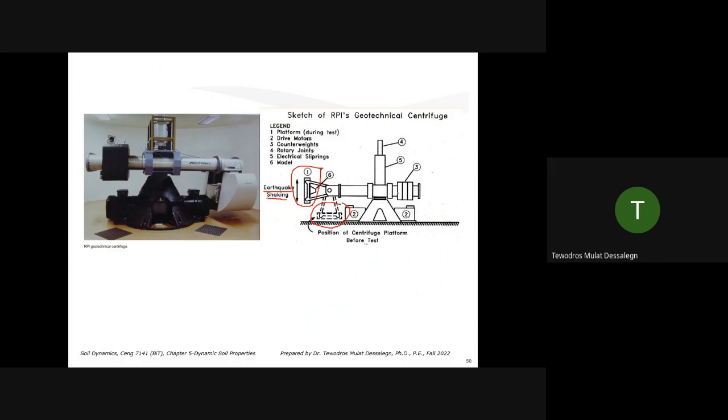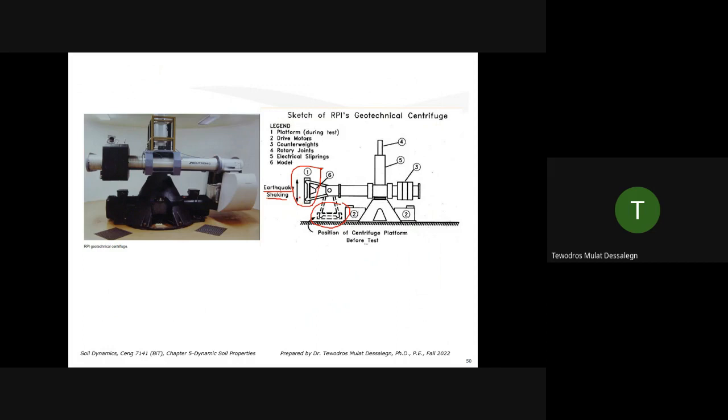The RPI centrifuge is able to apply earthquake shaking at the same time while it spins to create a high G condition. But the spinning doesn't apply dynamic load. To apply the dynamic load, there is a shaking we apply at the same time. You spin it and at the same time apply the cyclic loading, so we are simulating earthquake conditions.